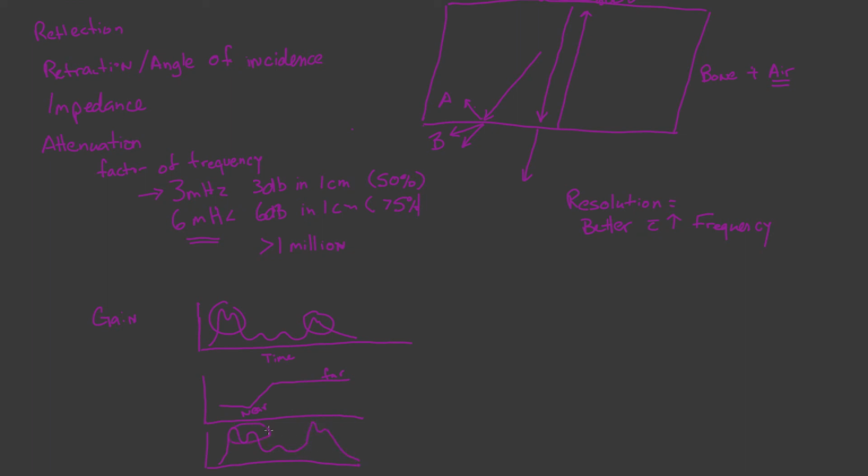So that the intensity increases and you're better able to visualize those deeper structures. So essentially what the machine is doing is taking this far signal and amplifying it so that it's easier for you to be able to visualize it.